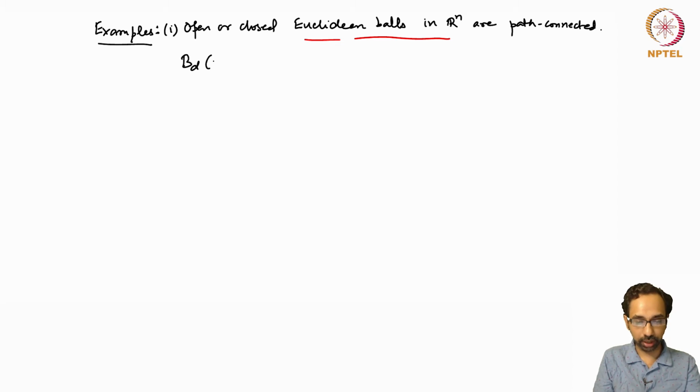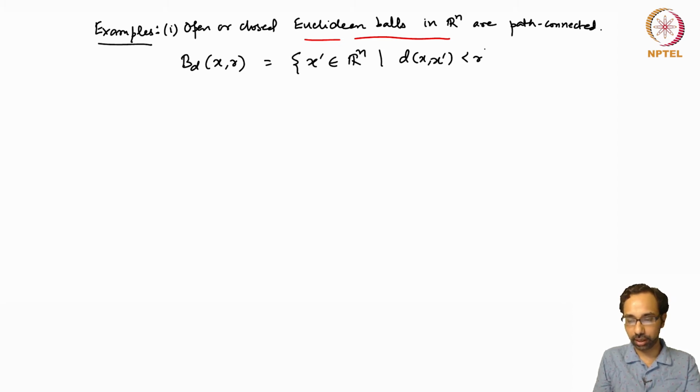So either you have B_d(x, r), which, as you remember, is the collection of points x' in R^n such that d(x, x') is less than r. Here x is any point in R^n and r is positive.